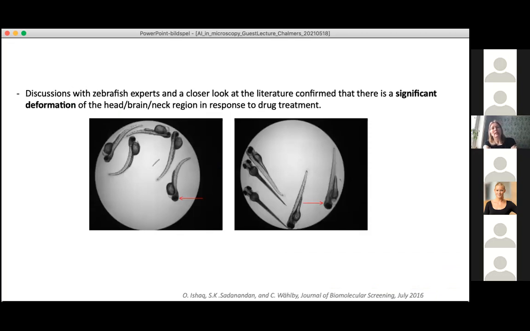Then I ended up on a train ride together with some zebrafish experts, and I brought out my computer and asked them to see what they could see in the images. It turned out that apart from the bending of the tails, there's also a change in the back of the head. The drug also affects the brain, or the backside of the brain, of the fish. And if you think of a convolutional filter, it can very easily detect a change in volume.